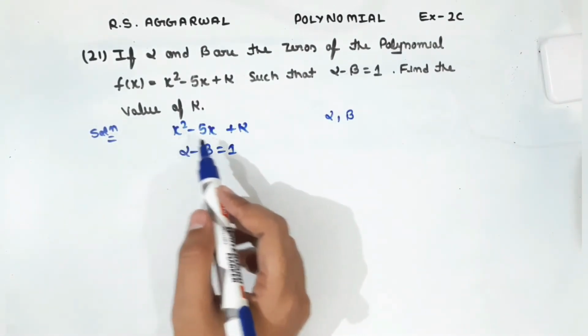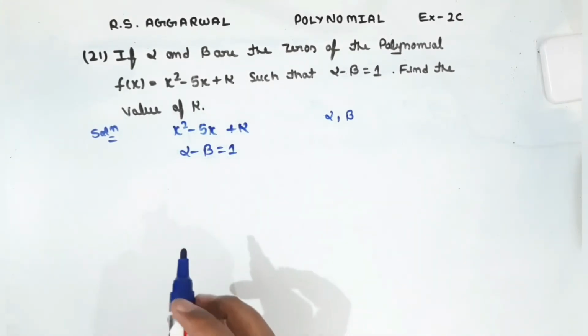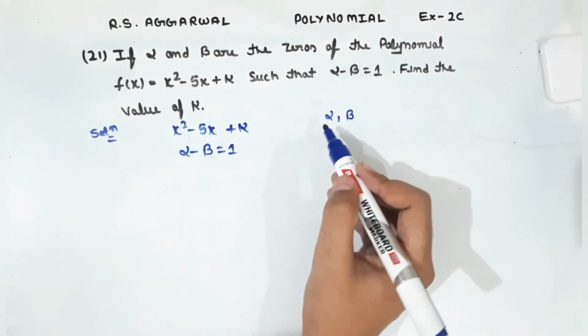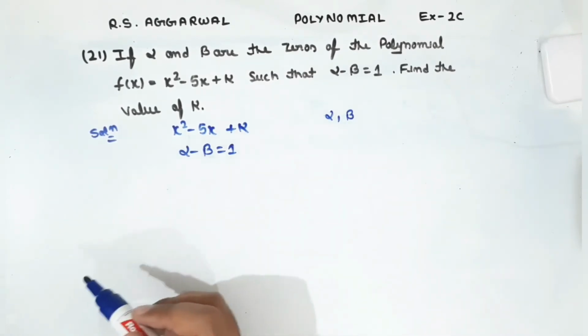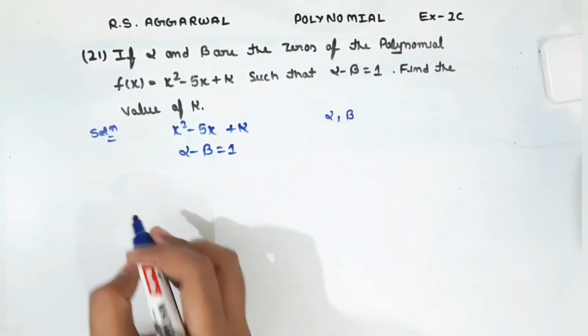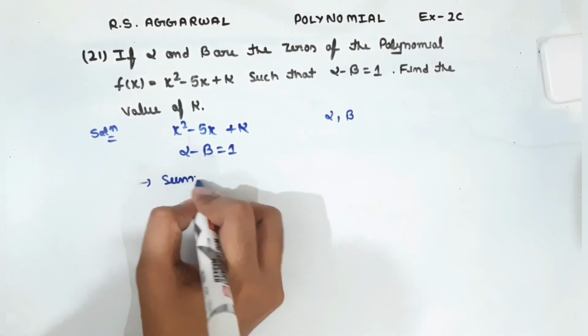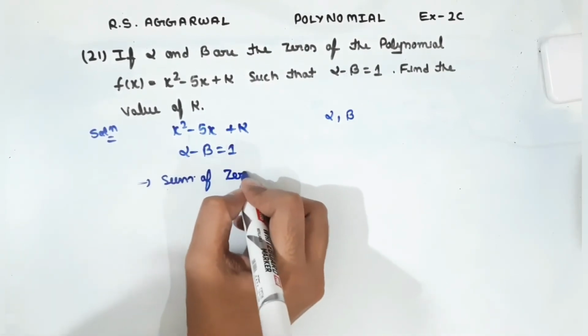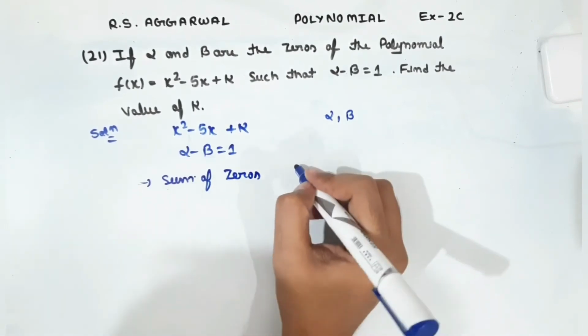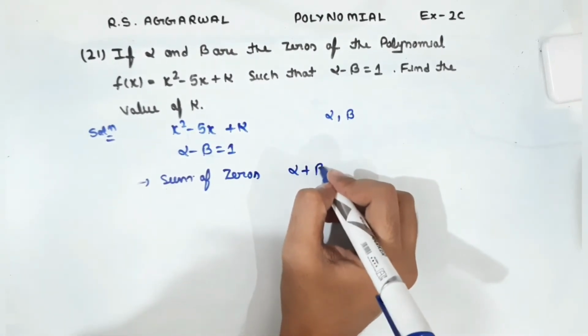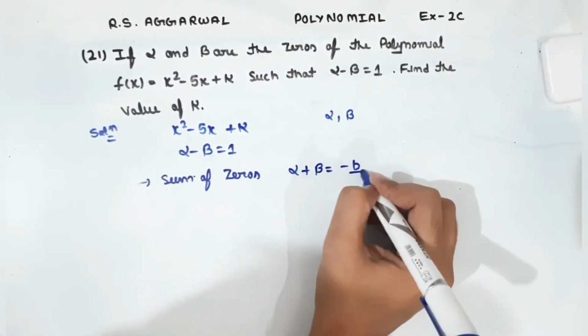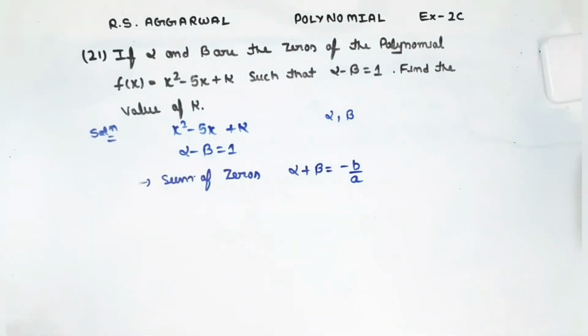So in this quadratic polynomial, if the zeros are alpha and beta, the sum of zeros will be alpha plus beta, that is equal to minus b upon a. We know that.